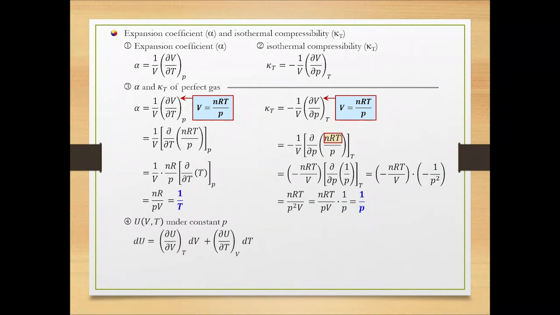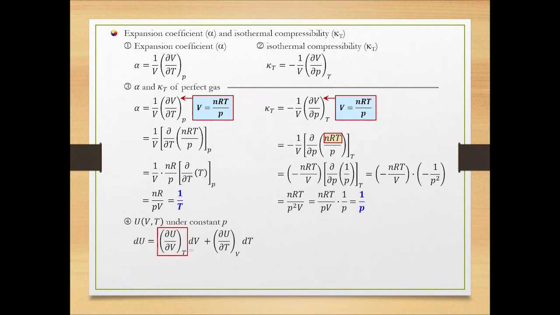Suppose a system is under constant pressure. The change in the internal energy of the system depends on the volume and temperature of the system. The total differential of the system can be written like this.